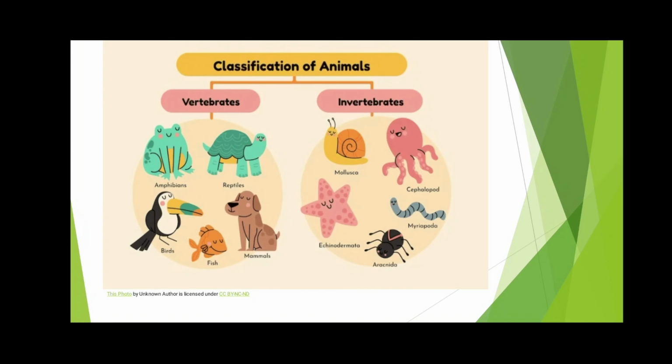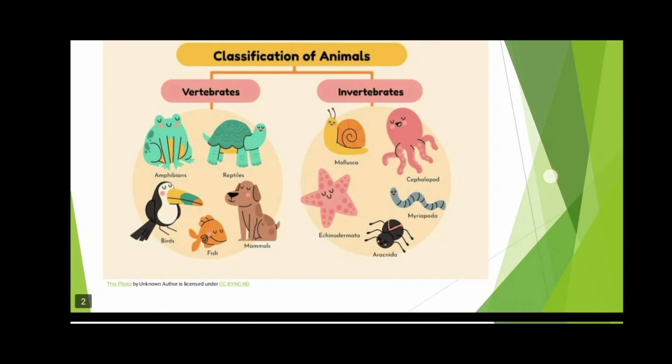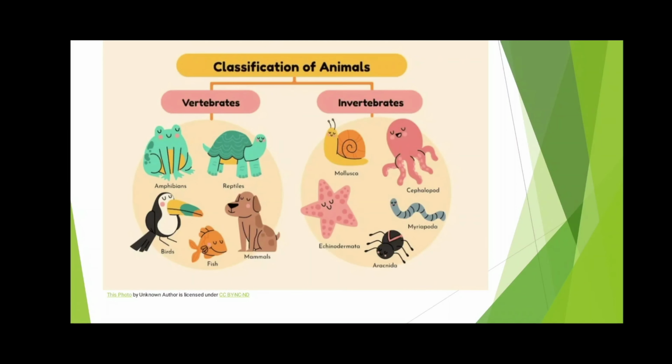Ma'am, what is vertebrate? Vertebrate organisms are those which have a backbone. Okay, understood? Backbone in their body structure. In simple terms you can easily remember that they have a backbone, रीढ़ की हड्डी.